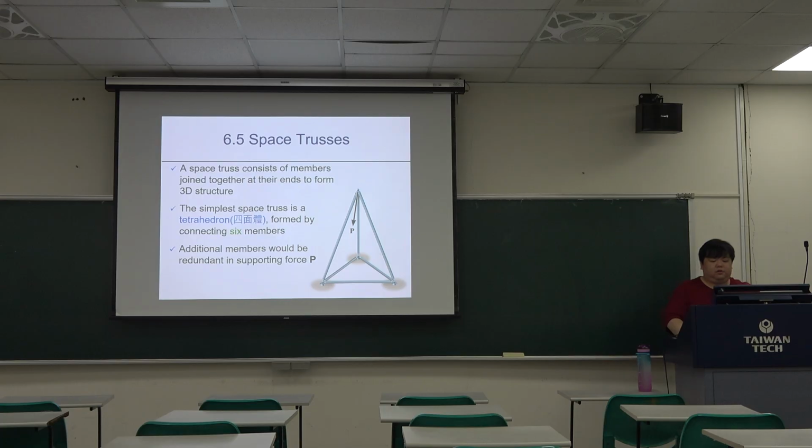Let's move on to introduce space trusses. This concept is simply a transformation from 2-dimension to 3-dimension. A space truss consists of members joined together at their ends to form a 3-dimension structure.